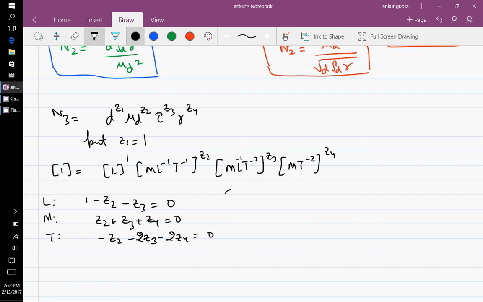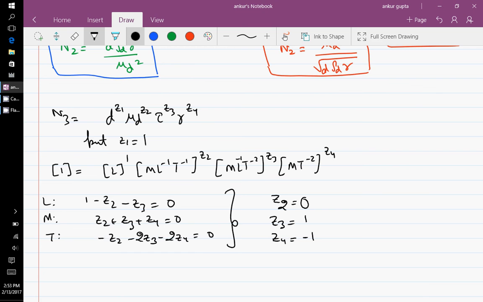So you can again solve this yourself, and you can find that z2, which is the power for viscosity, comes out to be 0. z3 comes out to be 1, and z4 comes out to be minus 1.